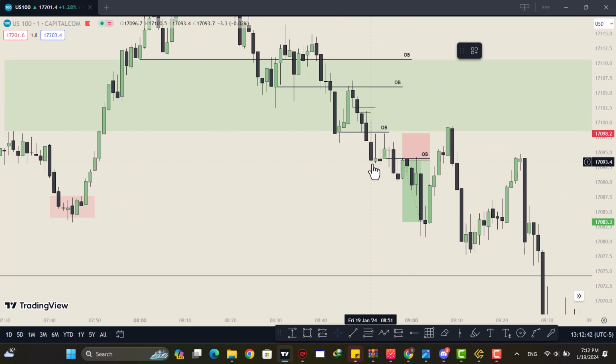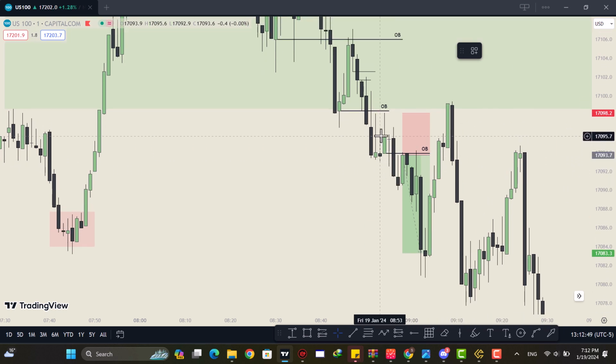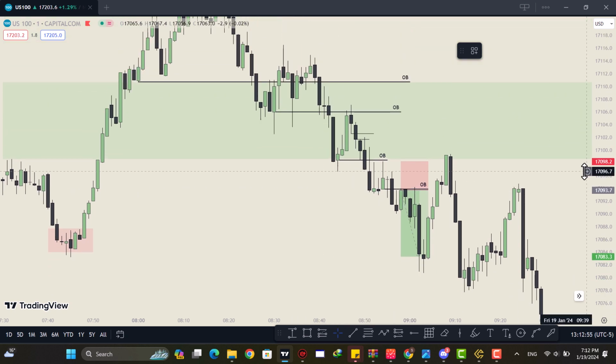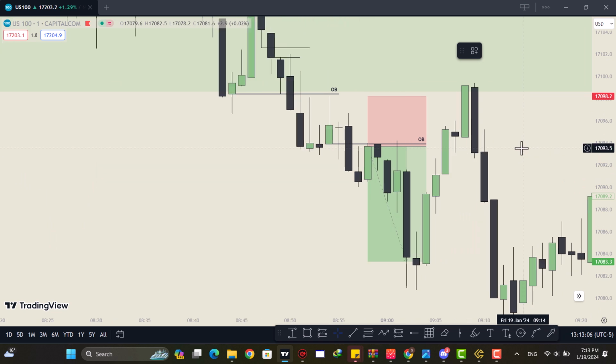Expansion lower, a pullback into that order block, and then one more time expanding lower. And what do we have left? As you can see, an up close candle. So we confirm that up close candles are supporting or offering resistance. I entered from this up close candle right here, as you can see.